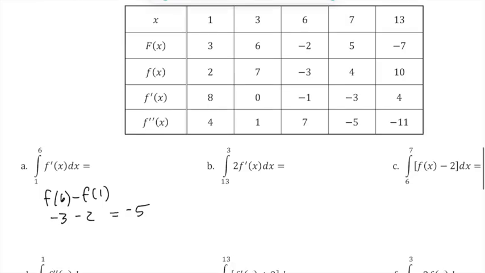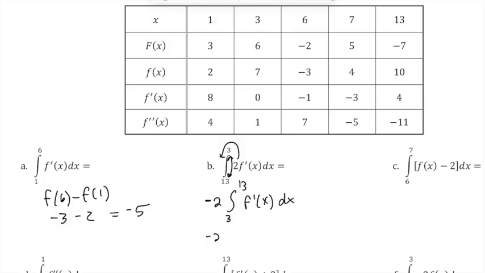Part B, we are going to pull the constant outside, and we are going to switch our boundaries. So we're going to make it negative 2, the integral from 3 to 13 of f prime of x dx. Again, the integral cancels out with the prime.